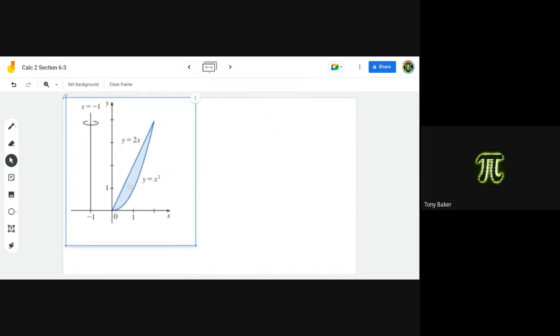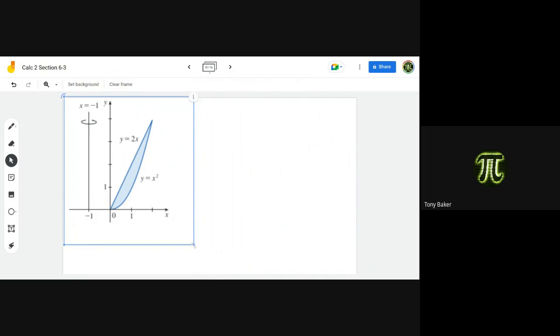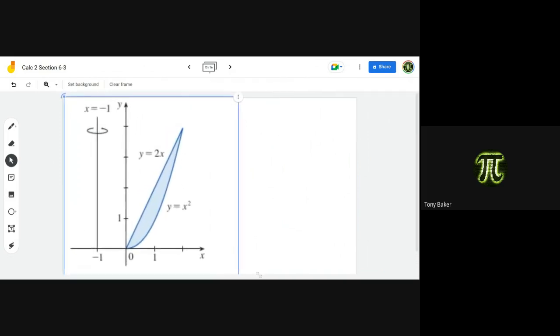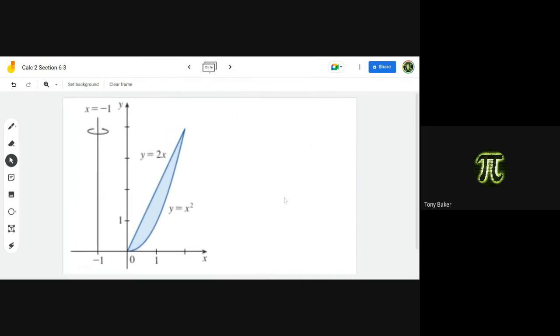All right, so I want to find this one. The way the equation is set up, which method should you use?